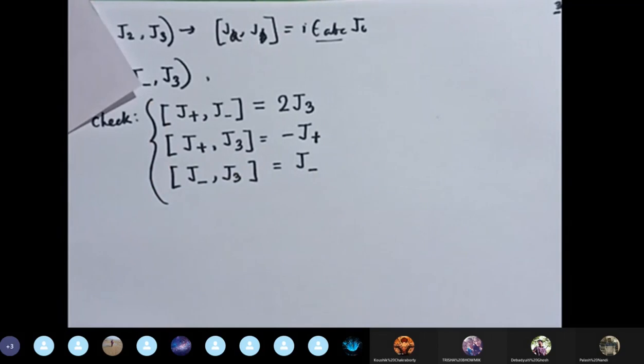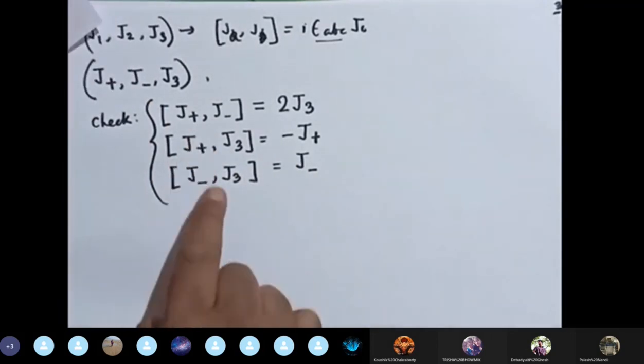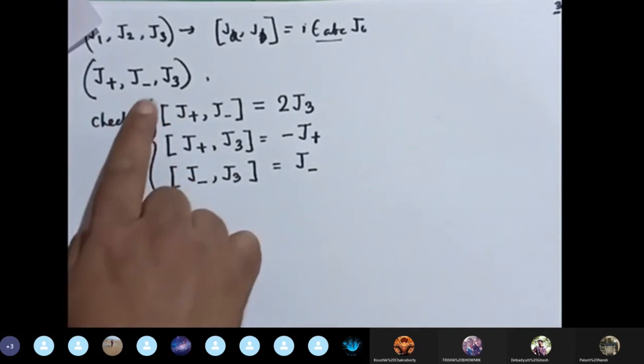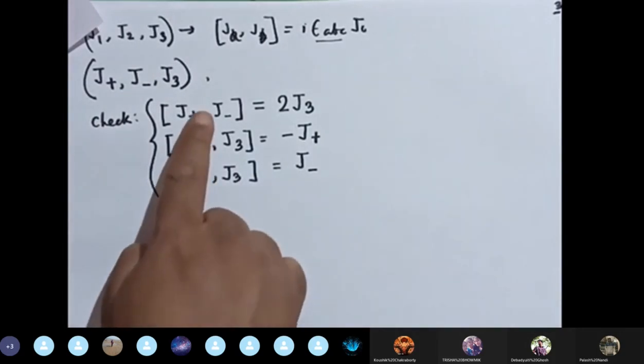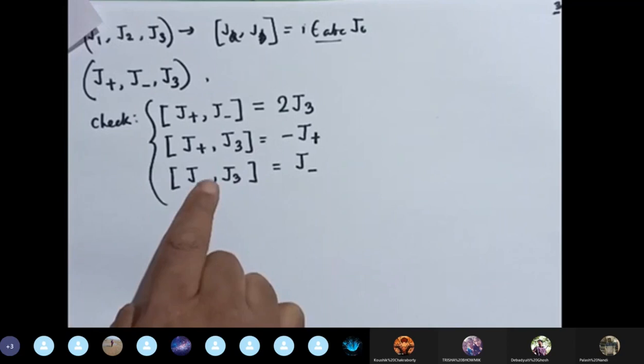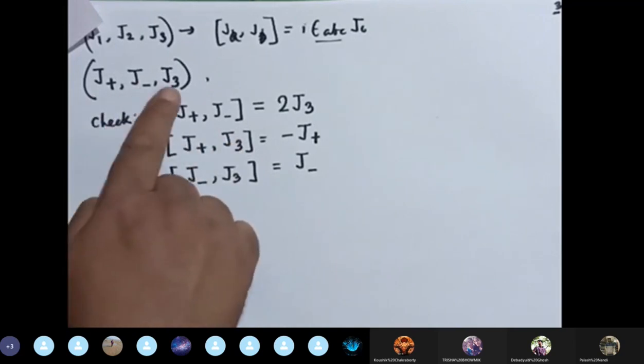Same as your angular momentum relations. You can directly check these relations if you define J plus and J minus in the way shown on the previous page. Okay.